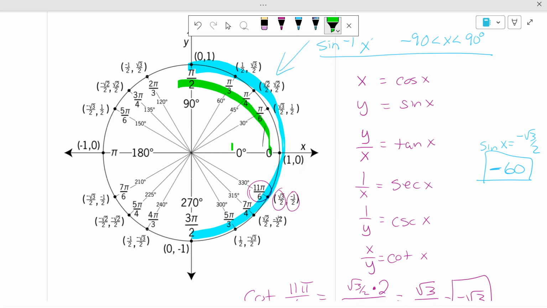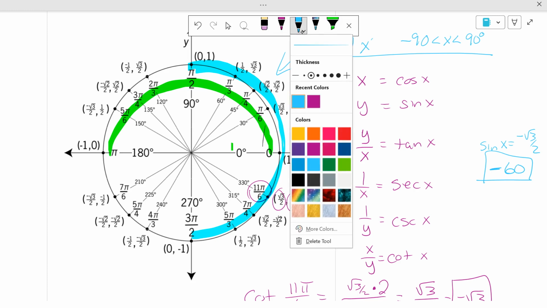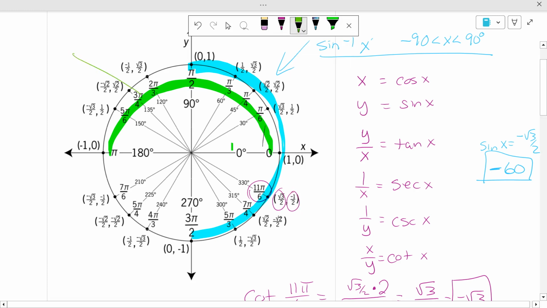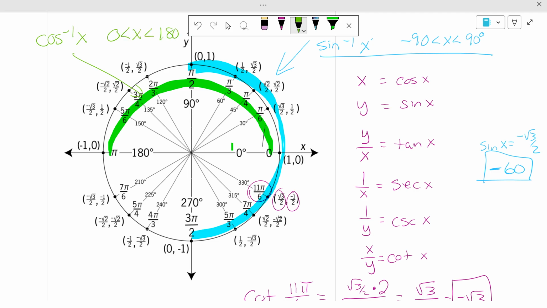For cosine, we go from here to here. So inverse cosine of x goes from 0 degrees up to 180 degrees.